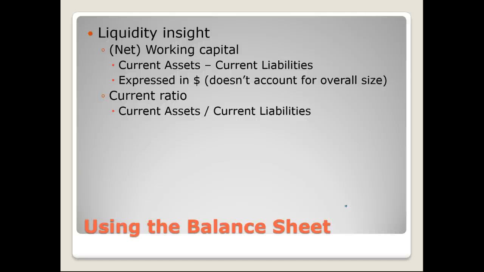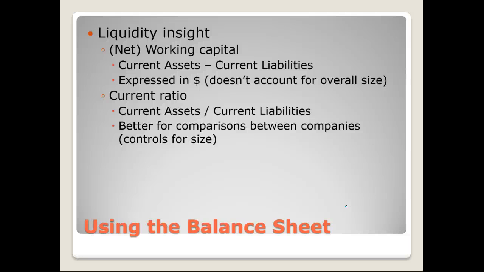It essentially answers the question, for every dollar of current liability, how many dollars of current assets do I have to pay for it? This is a better comparison between companies because it controls for the size of a company. This will generally give you an answer somewhere between 0 and probably about 20.